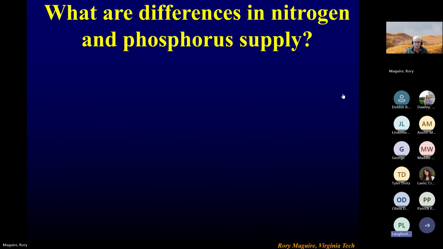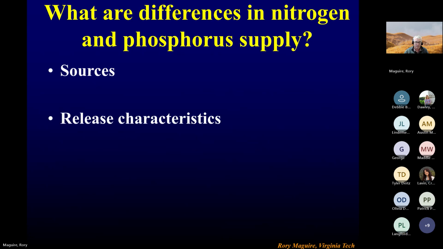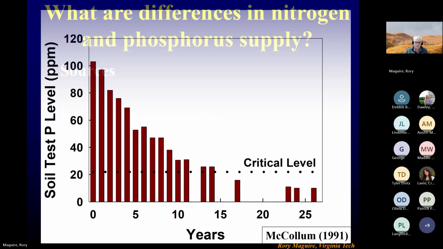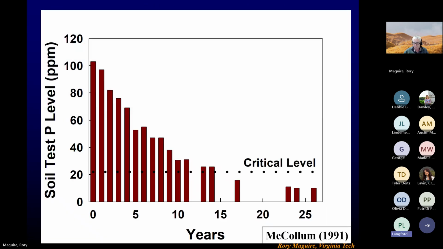So what are differences in nitrogen and phosphorus supply? We have our sources, release characteristics, and changes in soil concentrations. And then this final slide is from a study going on over 25 years.